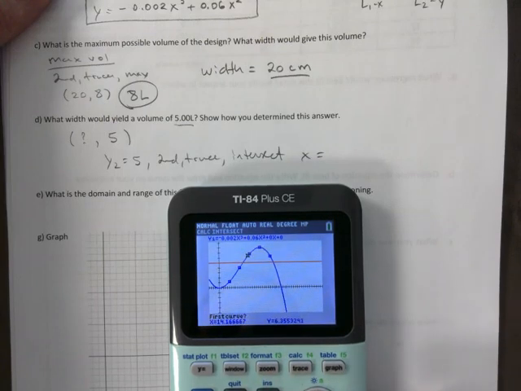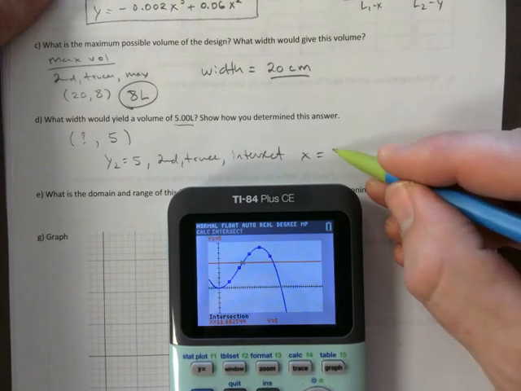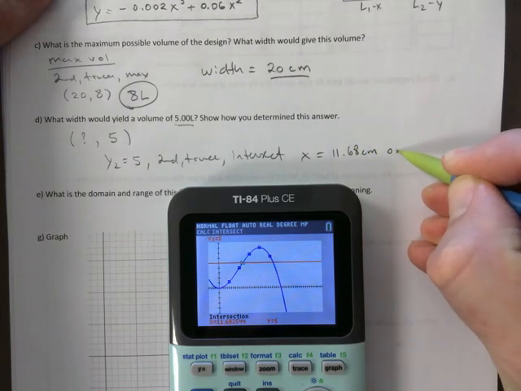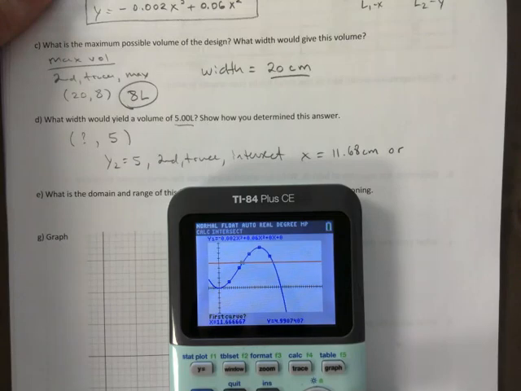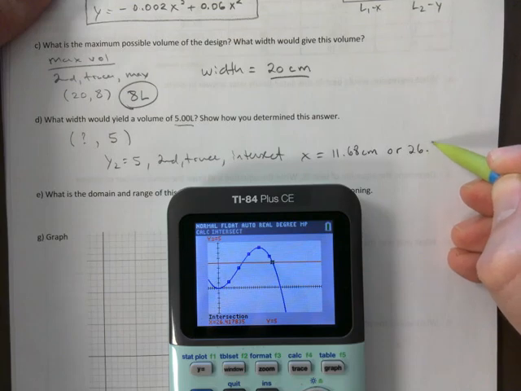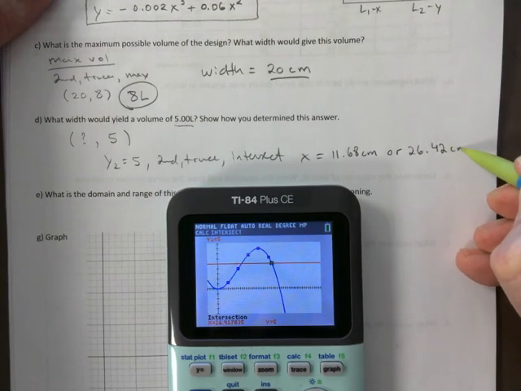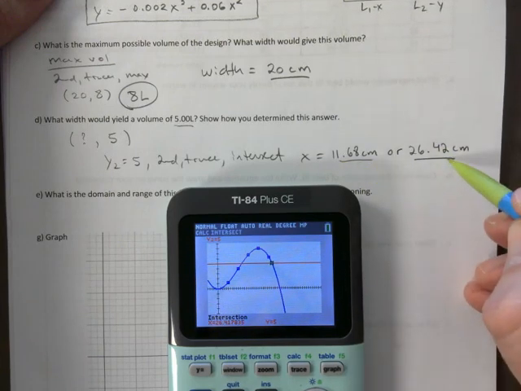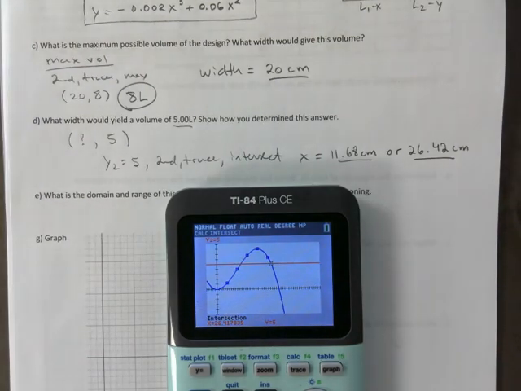Let's find the first instance, which is 11.68 centimeters, or 26.42 centimeters. So I found both instances; both widths will result in the same amount of volume in the box. Okay.